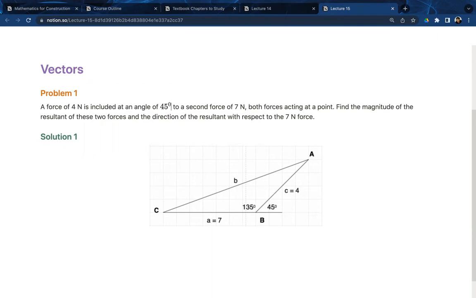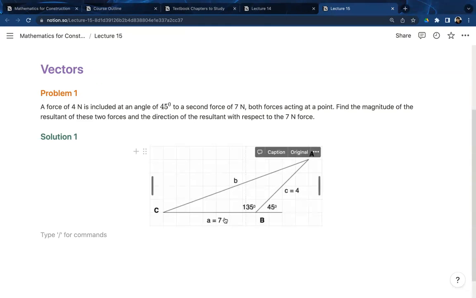So we could let that point be C. So we have the 7 Newton force acting horizontally and the 4 Newton force acting at C, right? If we want to represent them as a triangle, we could have a line parallel to that AB line there.